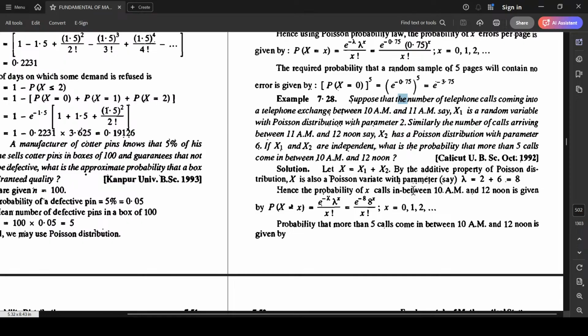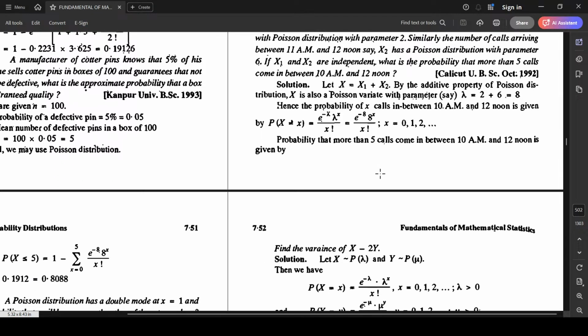X can be the sum of X1 plus X2 by the additive property of Poisson. X is the variate, and those were independent means, so lambda is equal to 2 plus 6, which is 8.